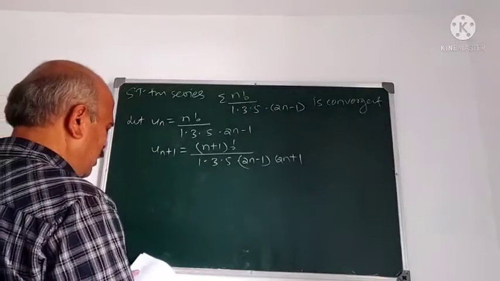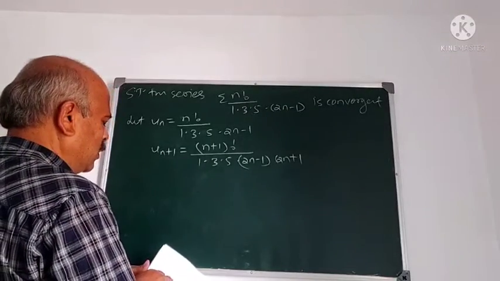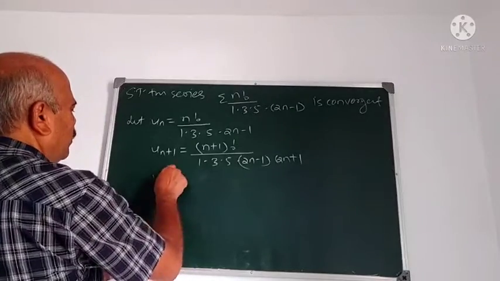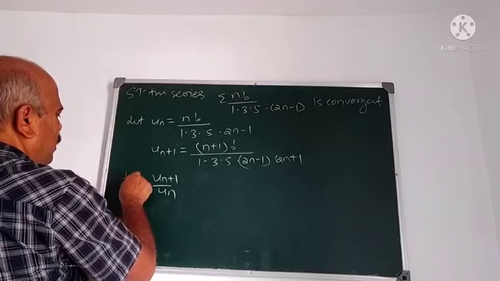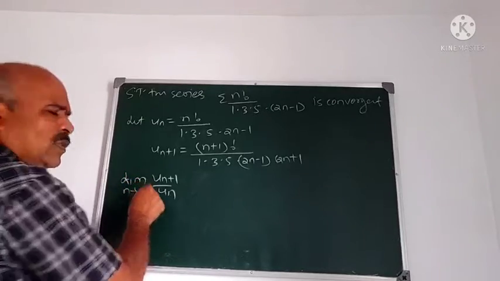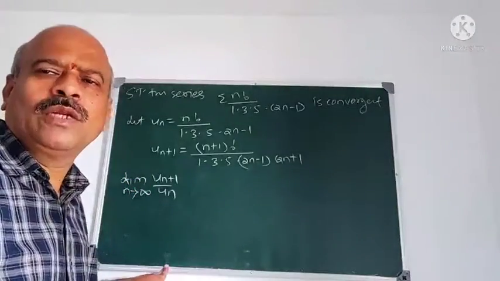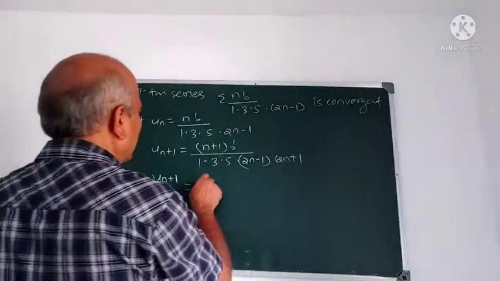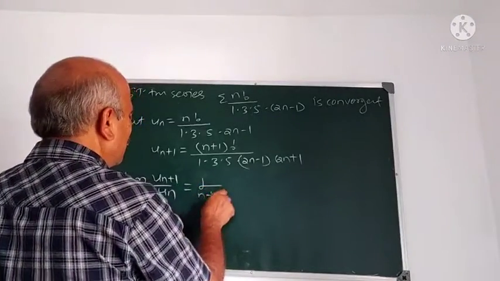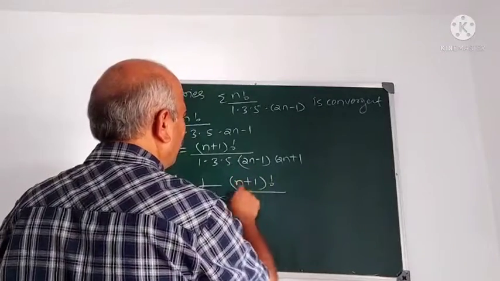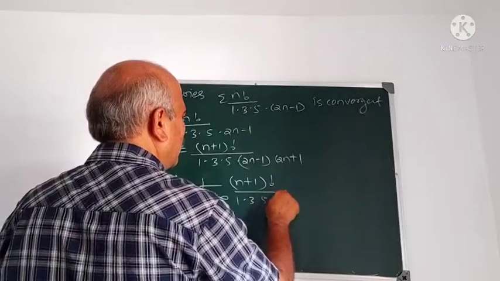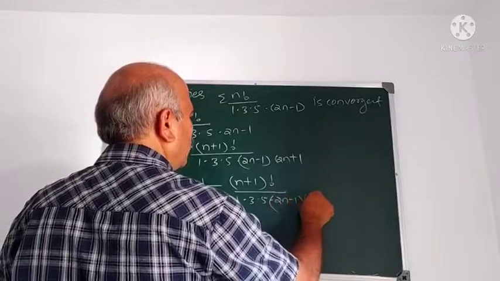Therefore, what is D'Alembert's ratio test? Take the limit as n tends to infinity of un plus 1 upon un. It is the limit of (n plus 1) factorial over 1, 3, 5 etc. up to (2n minus 1) into (2n plus 1).